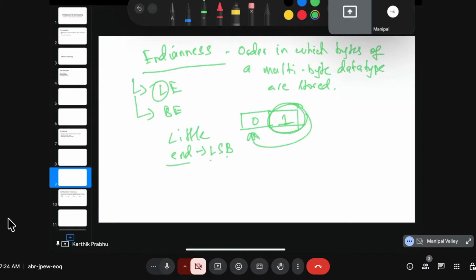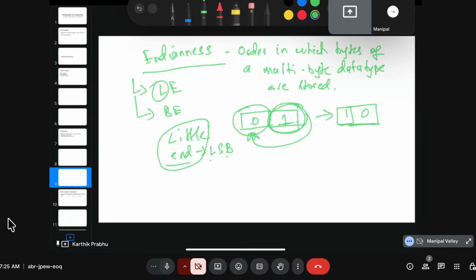The little end is stored at the front. So actually it will be represented in the system as 1 0, even though logically it is 0 1. So that is how the little endian system works. There's no deeper understanding for this, it's just a convention. And big endian is the opposite way. Big end is stored first in big endian.